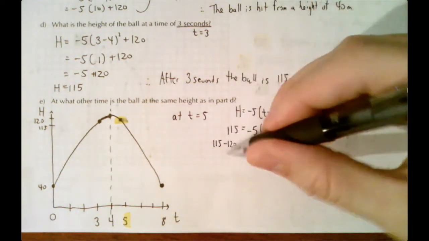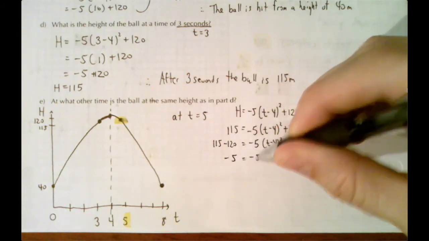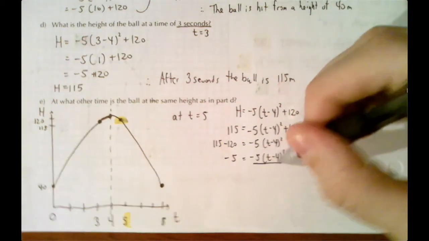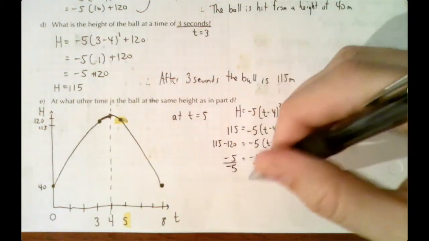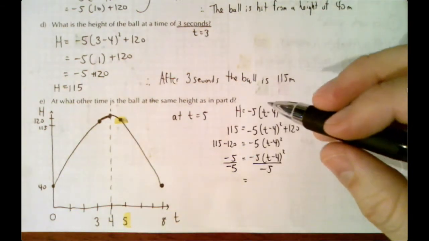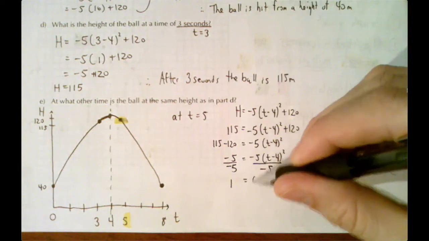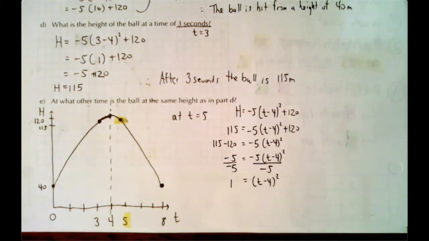115 minus 120 is -5. We divide both sides by -5 to get rid of the -5. -5 divided by -5 is 1. Now we just have (t minus 4) squared.